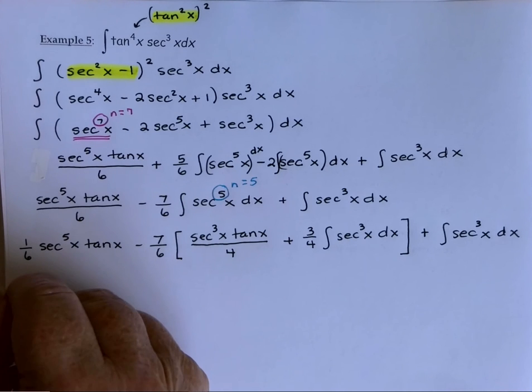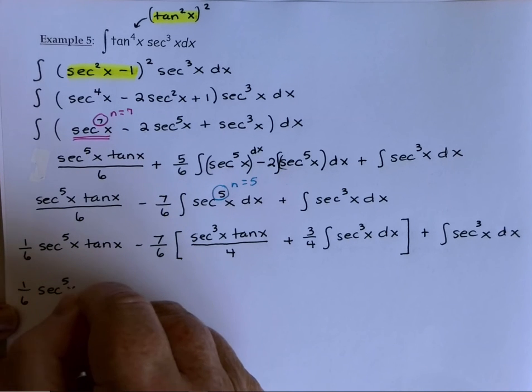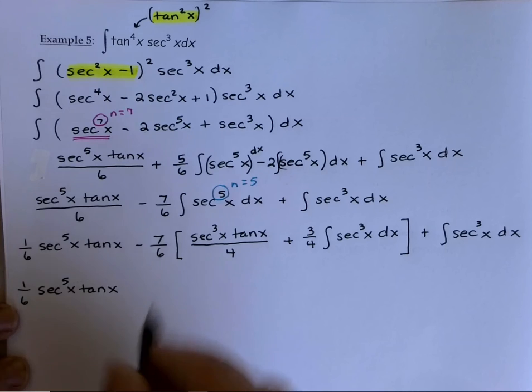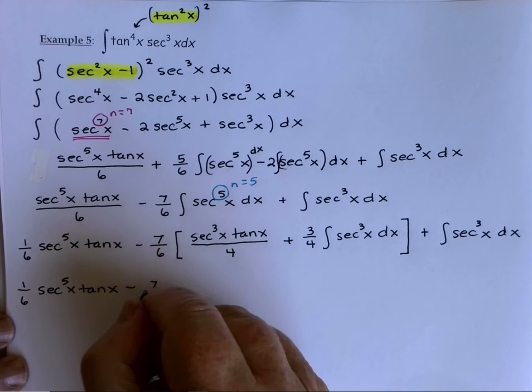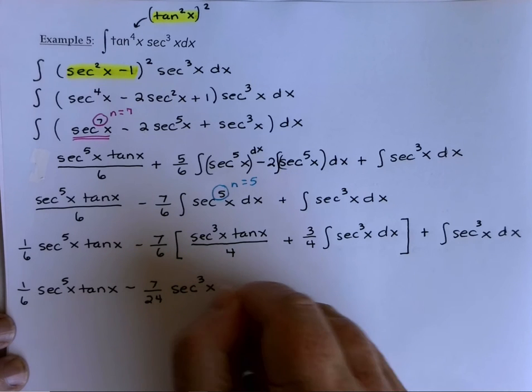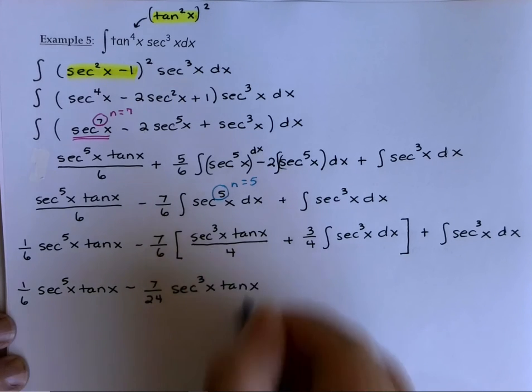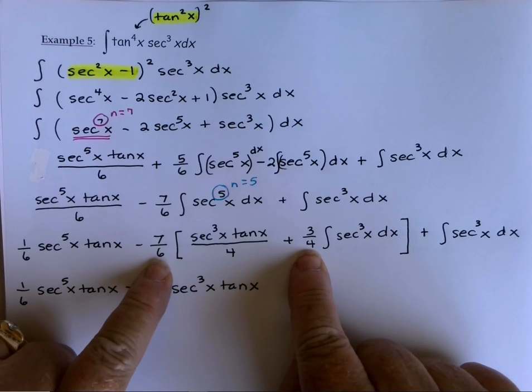All right, 1/6 secant to the 5th x tangent x minus 7/24 secant cubed x tangent x. And then let's do a little bit of mental arithmetic here. This is going to be a negative 21 over 24.